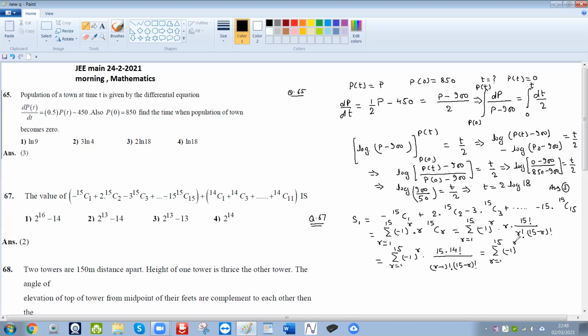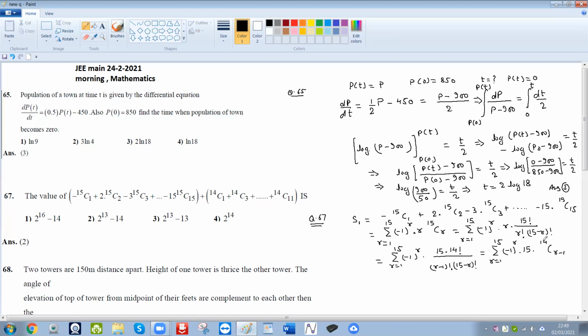So most of the students who prepare for JEE generally know the final result. So I am just giving the explanation for any student who has not thoroughly prepared for JEE. This can be written as 15 into 14 C r minus 1.